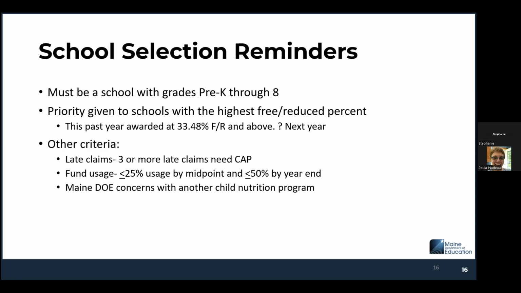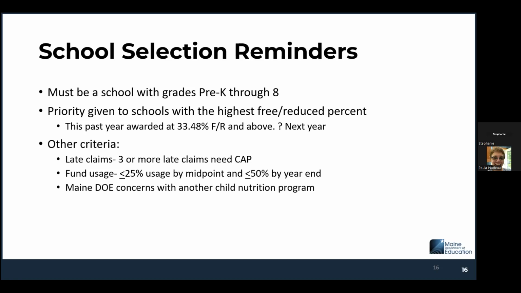And then some school selection reminders, just in terms of getting awarded for next school year. It must be a school with grades pre-K through 8 or any combination of these grades. We do have some middle schools that participate and K-12 schools where only the elementary kids are participating.